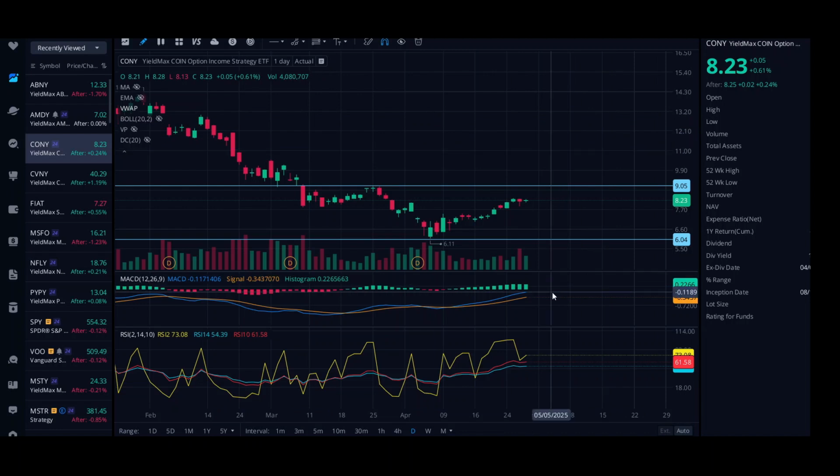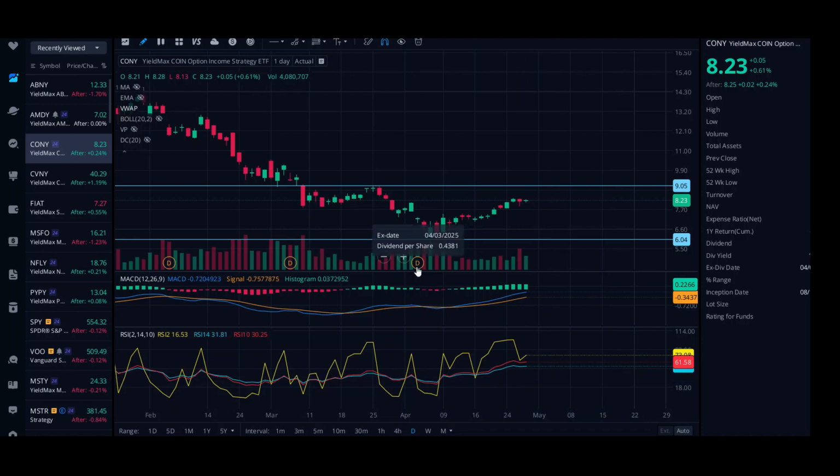We do have a movement up on the momentum, but it is slightly coming down on the momentum of the stock here, and we are still crossed up on the MACD, and the RSI 14 is at 54.